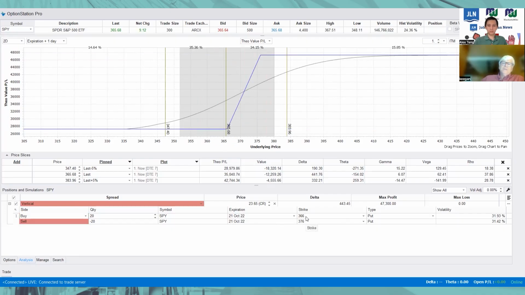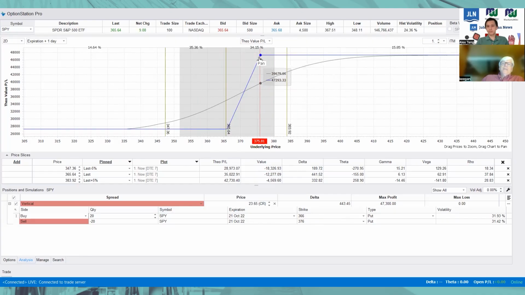So yeah, here's just the same spread, but we're buying the 366 puts and selling the 376 puts. Although this time it's bullish because we're shorting the higher strike put. The higher strike put is always going to be the bigger put, right?